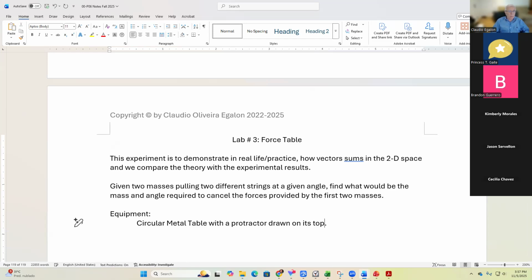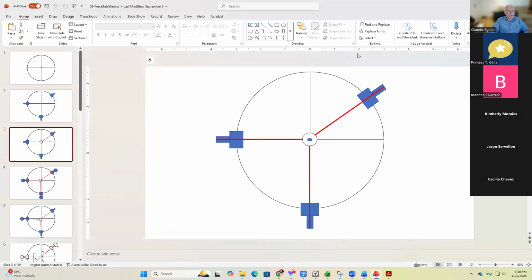So it's graduated. Resolution of the protractor is 0.5 degrees. I didn't draw the degrees here because it would be too much work. Okay. So what else?